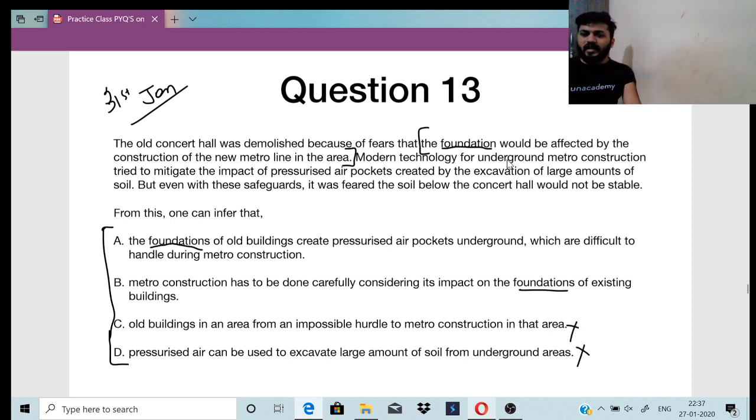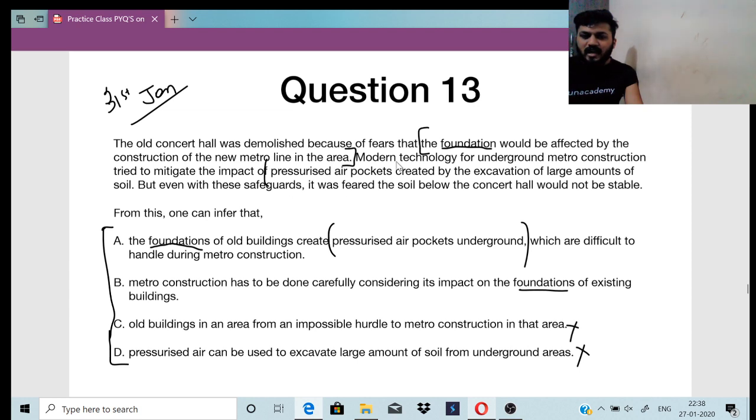So what is it telling here? The foundation would affect the construction of new metro line, right? So metro construction has to be done carefully, considering its impact on the foundations, right? Option B is correct, right? The foundation of old buildings create pressurized air pockets.